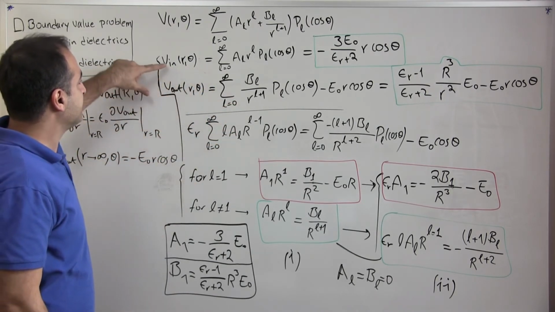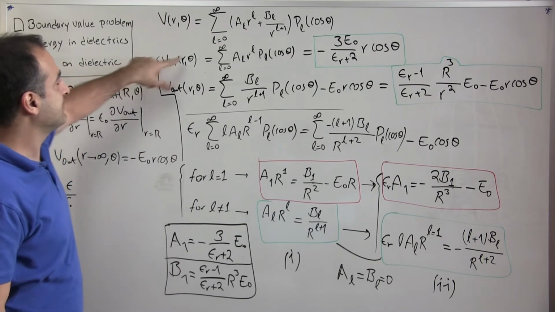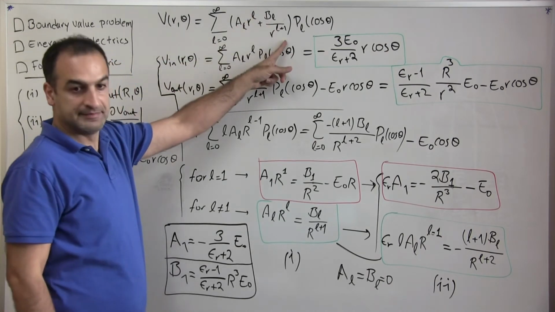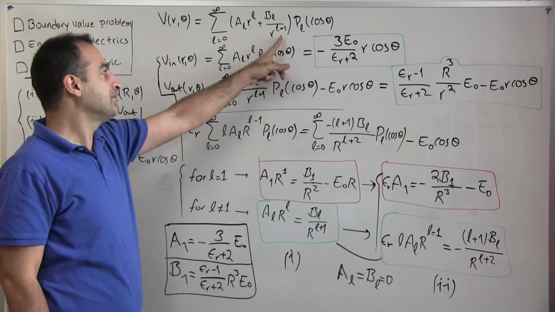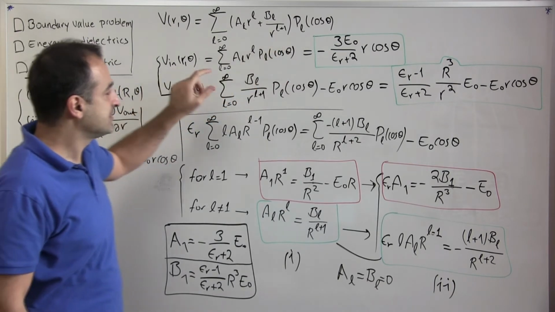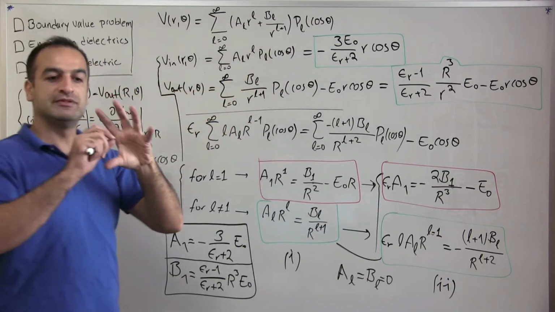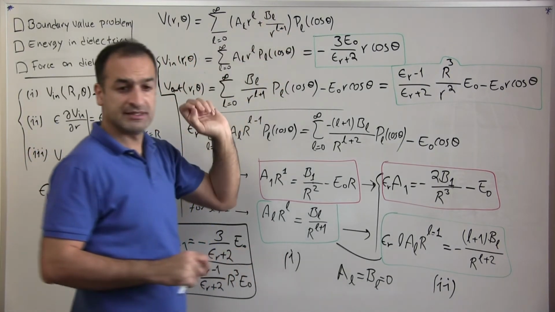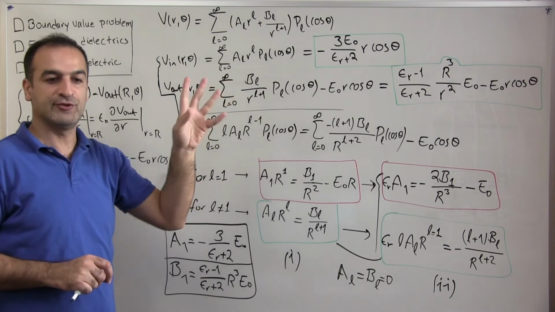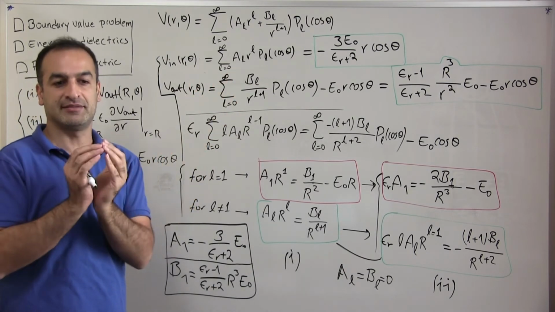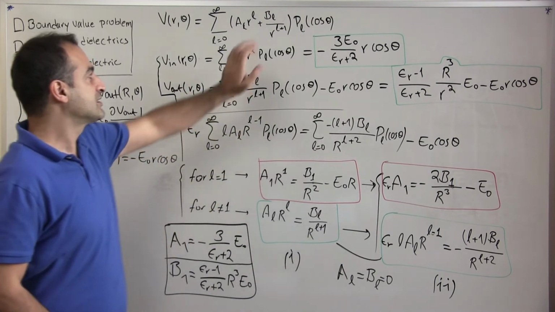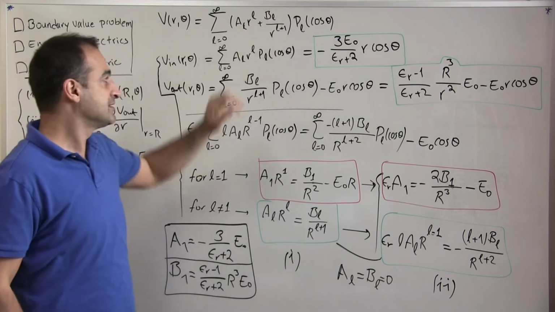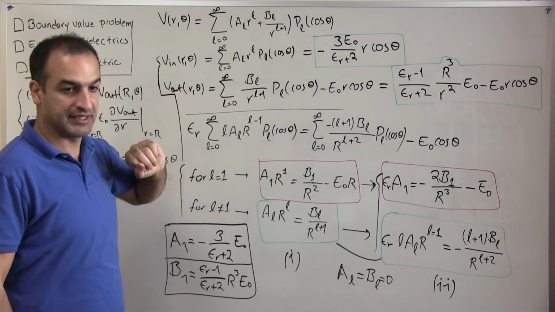Okay. So for V in, I eliminated this term manually. Why? Because V in includes the area where r goes to 0. And in that limit, the second term, the B_L term, is going to blow up. I don't want that. I don't want potential going to infinity inside my dielectric. So I just got rid of this one at the very first step when I was rewriting it up here.